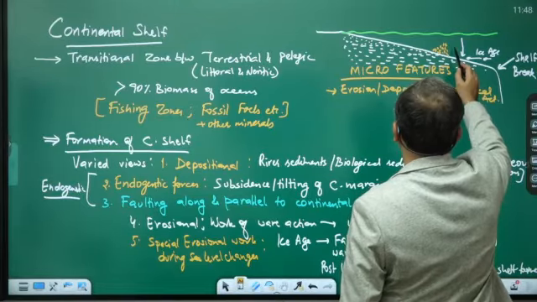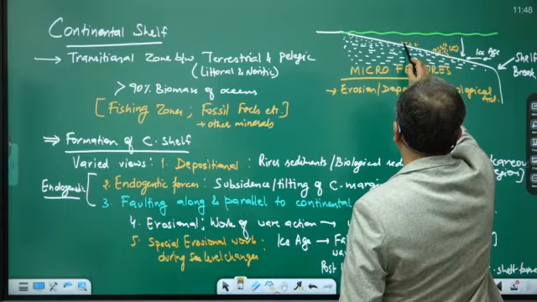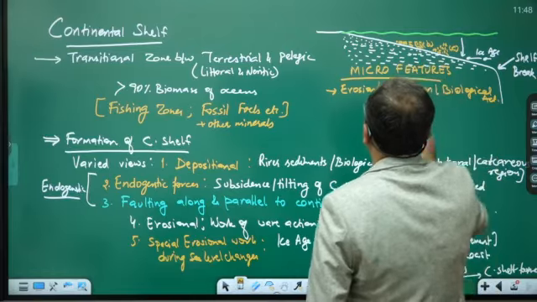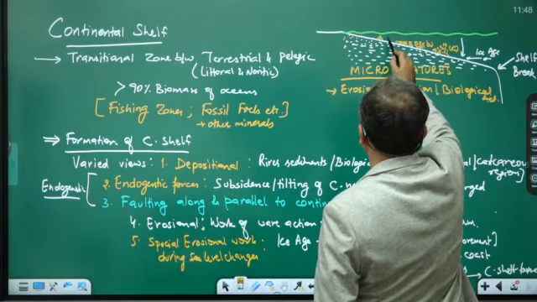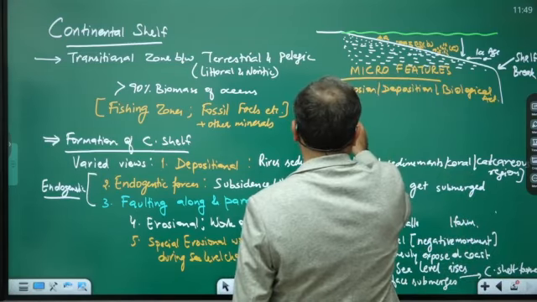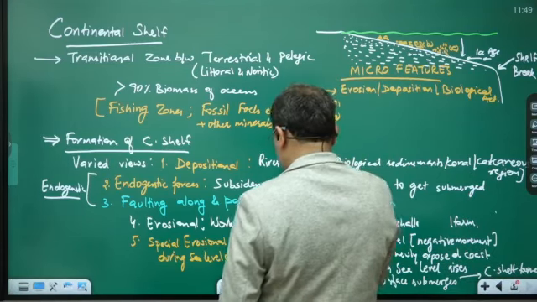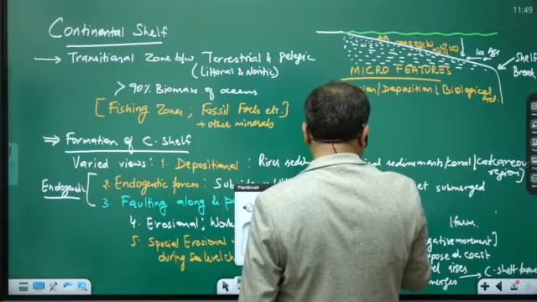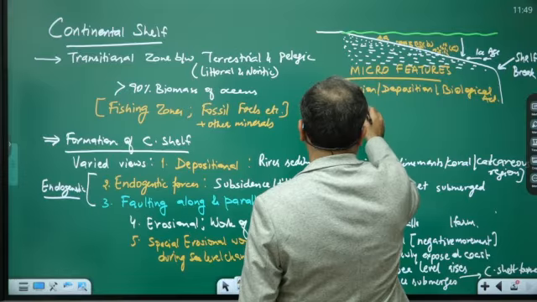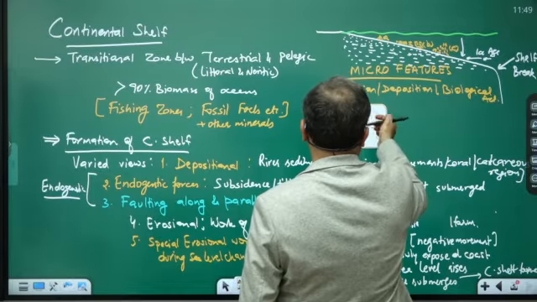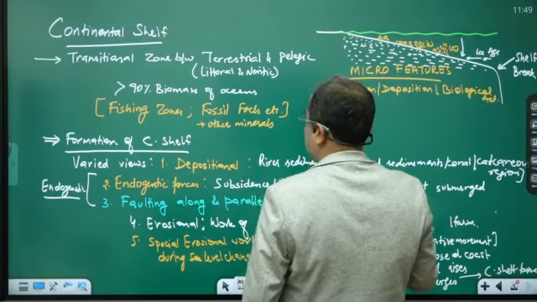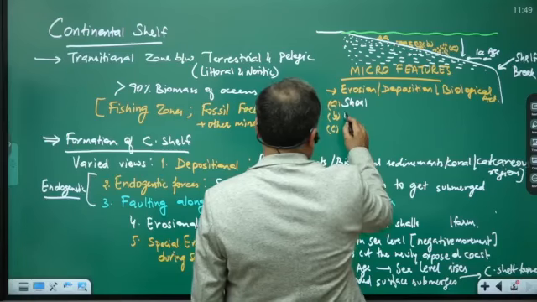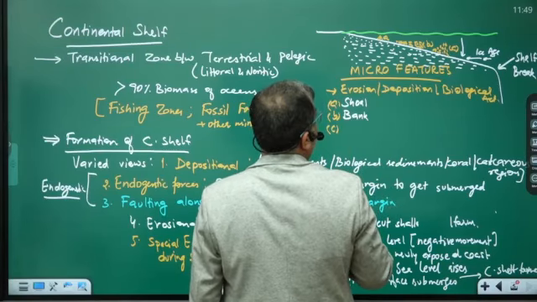This is C. This is B. And this is A. A, B and C. A is a shoal. शोल ही रखा है हमने या कुछ और रखा है? शोल ही रखा है. B is a bank and C is a coral reef.